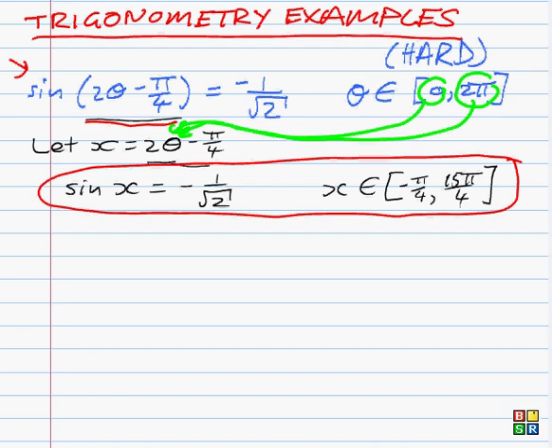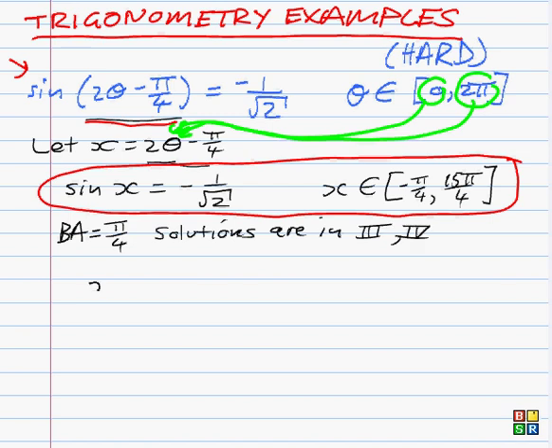Okay, if sine x equals minus 1 on root 2, then just like in the previous questions, we get the basic angle. In this case it will be pi on 4 from the formula sheet. And if sine is negative, then the solutions will be in quadrants 3 and 4.